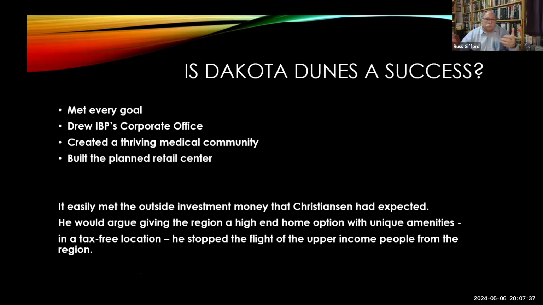And of course, people will live down there. And of course, Norm Waite will actually buy the very first house at Dakota Dunes, the first property placed, even before Russ Christensen. So, my question is, did it achieve the goals?